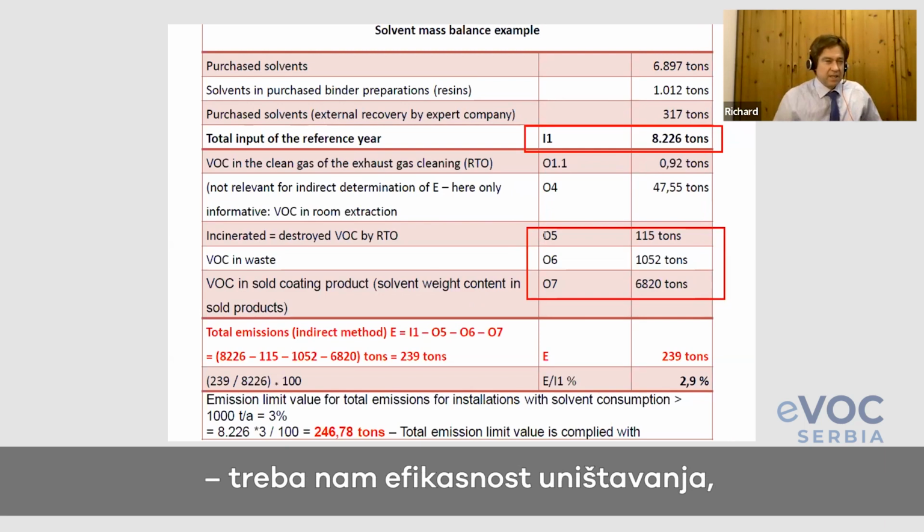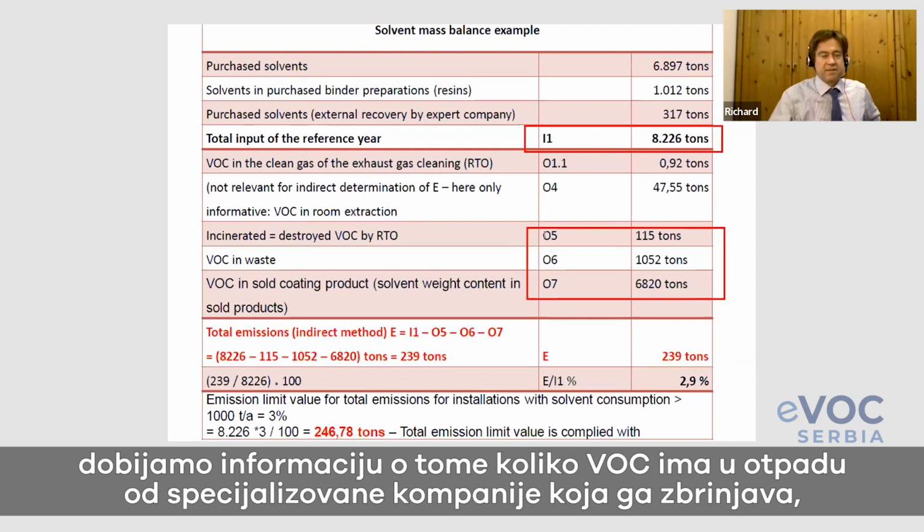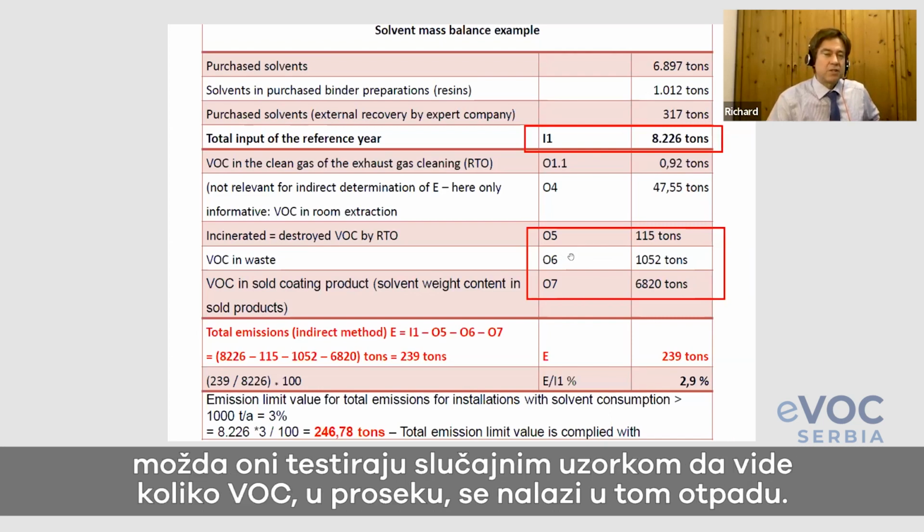We need the destruction efficiency. We do this by a parallel measurement between clean and crude gas from the RTO. We get the information, for example, on how much VOC is in the waste from the specialist company, maybe by spot analysis, how much of the VOC is on average in this disposed waste.